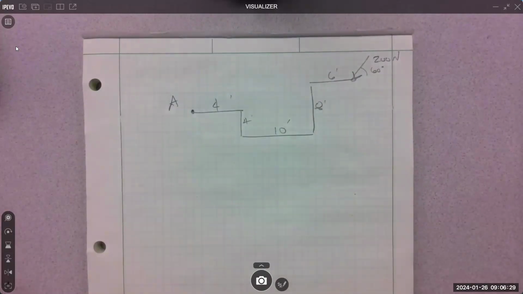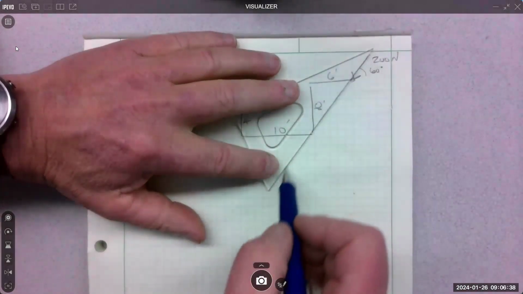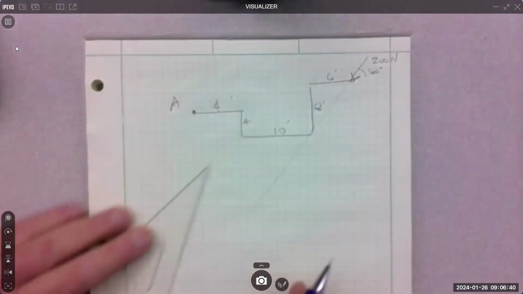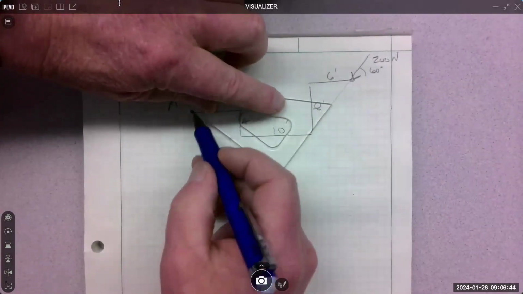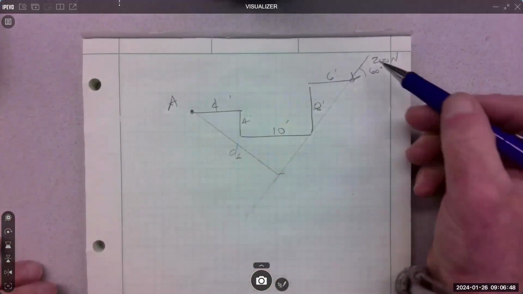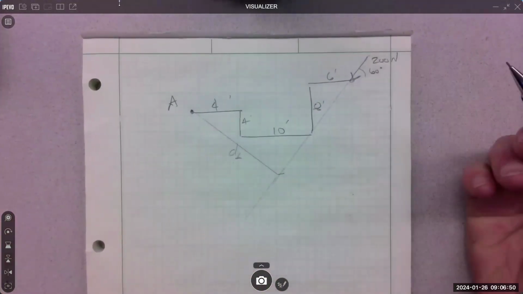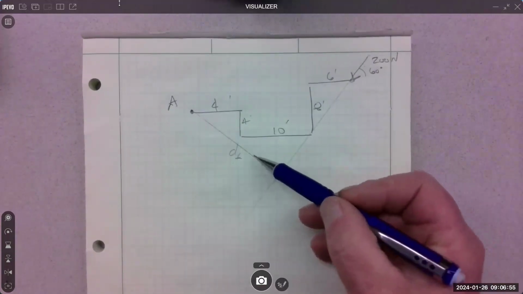Well, let's look at both methods first. Let's say, okay, we want to do this by the formula directly. I want to know where the perpendicular distance is to this line of action. Well, it's right here. Easy to draw. Agreed? Perpendicular distance to the 200. How easy is that to find?